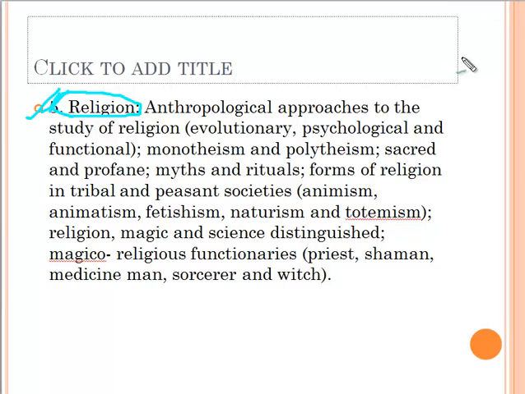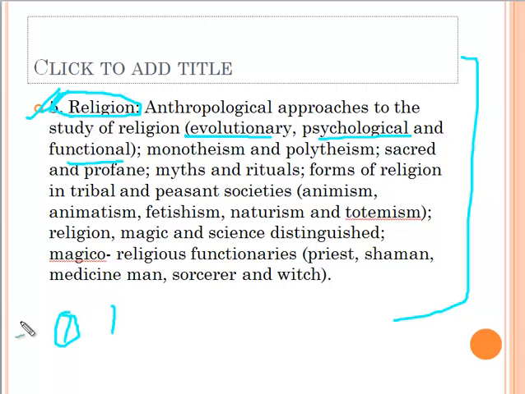There are different concepts that we will learn in this particular chapter, like anthropological approaches to the study of religion: evolutionary approaches, psychological approaches, and the functional approach. According to evolutionists, there are different stages, like earlier there was polytheism, where people worshipped so many gods. Before that there may have been animatism or totemism, where people believed in ghosts, spirits, or that there is life in everything.